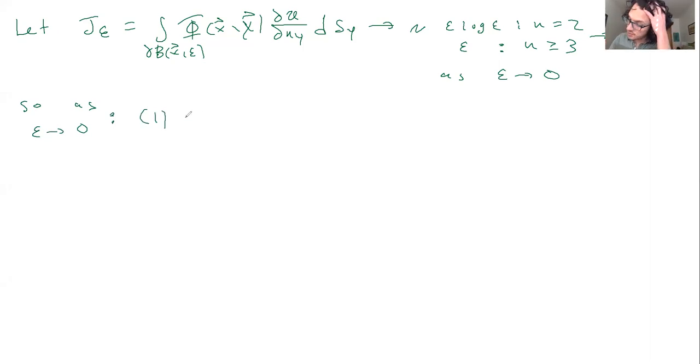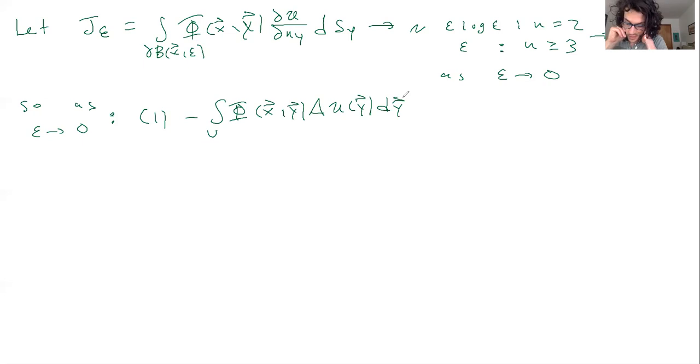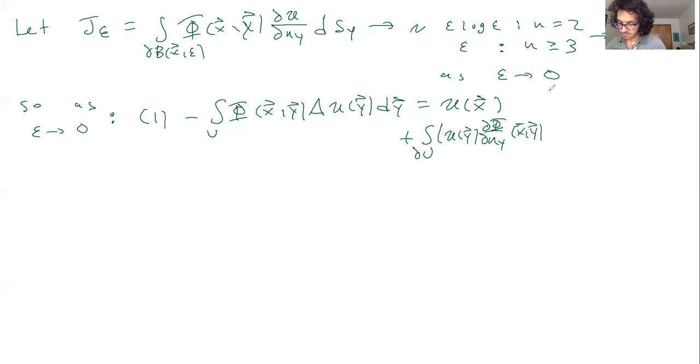First of all, minus the integral over the domain of our fundamental solution integrated against the Laplacian of u is going to be equal to all these different pieces: u of x, plus now the integral over the boundary of u, d phi dn y of x, y, minus phi of x, y, du dn y, dS y.